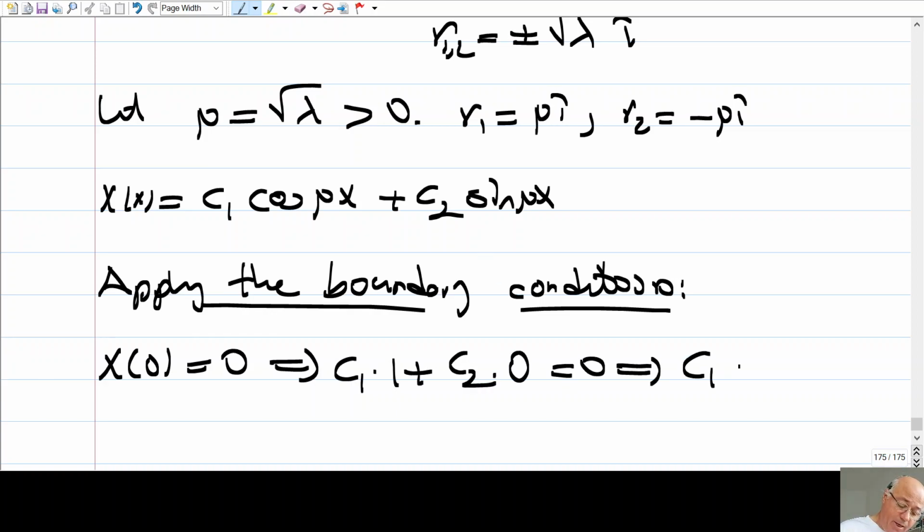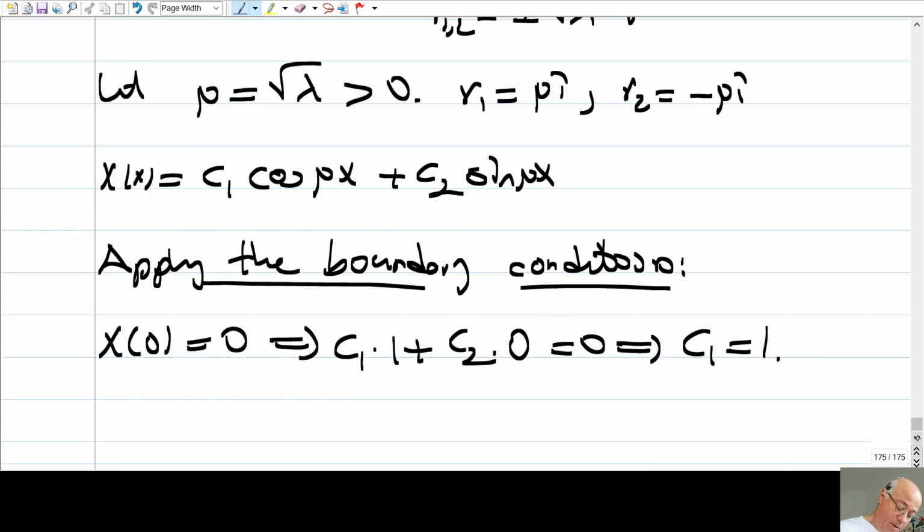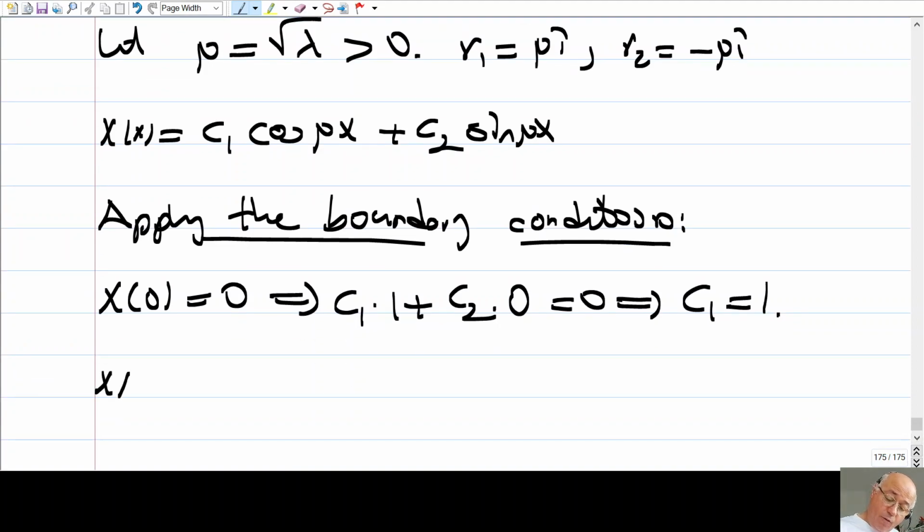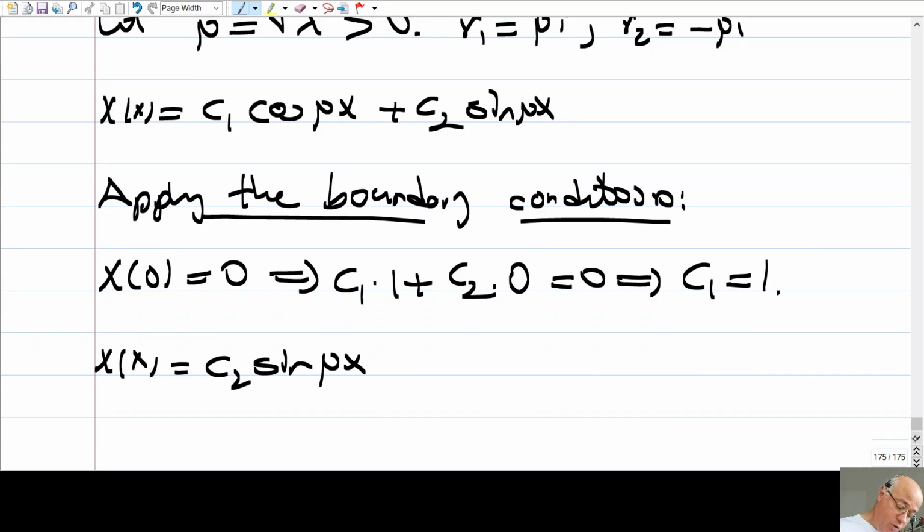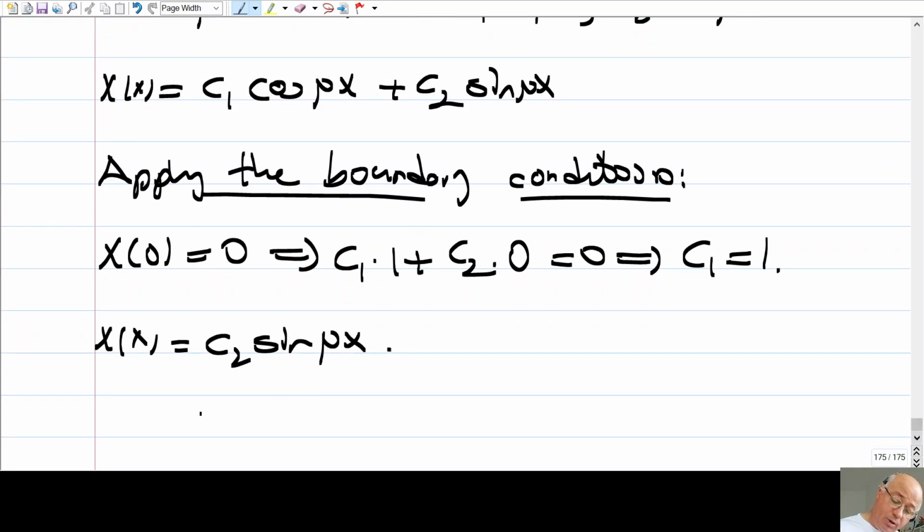This gives me again C1 equals 0. And X of x becomes C2 times sine mu x. And we use the second boundary condition, X of L equals 0. And let's see what this will give us in the second hour. Let me stop here.